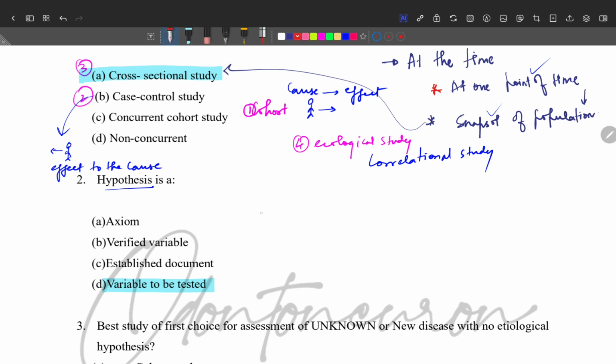For example, if I say there are two drugs, drug A and drug B, and I say drug A has higher potential than drug B, now I have to test this variable by saying it is true or false. Is it true that drug A has higher potential, or is it true that drug B has higher potential or not? That condition is known as a hypothesis.